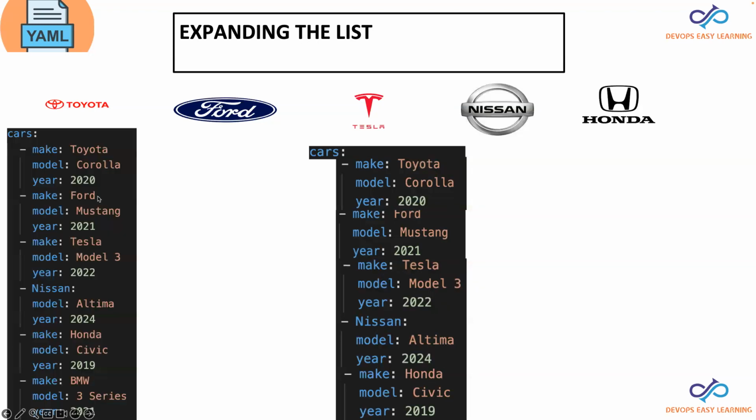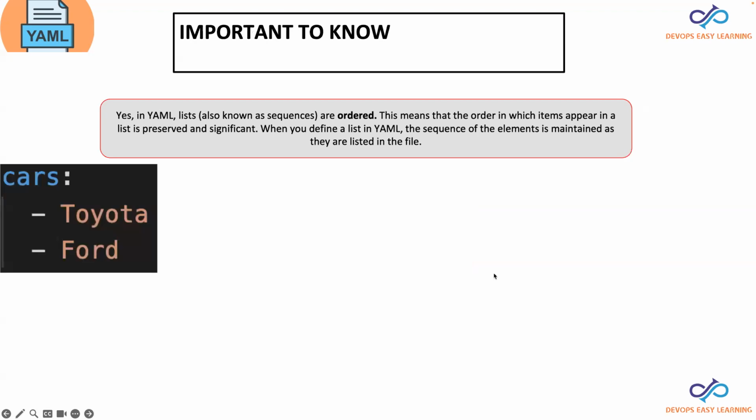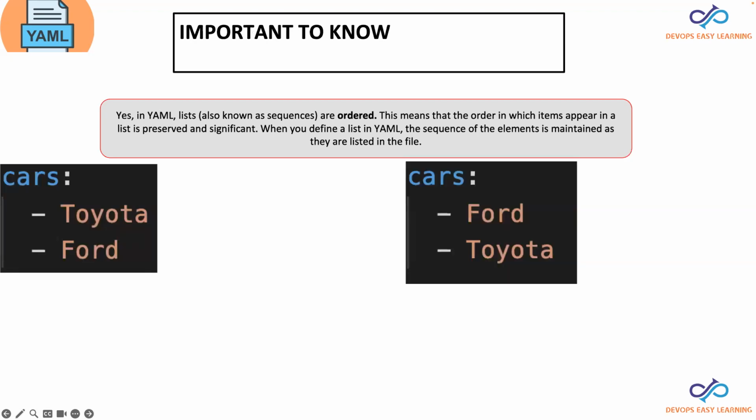Then at the end of the day, we're going to have this, which is the same thing. Now, a couple of important things that we need to know about the list is that the list is actually ordered. So the order actually matters in the list. For example, if we are listing cars, we have here Toyota and Ford, then we have here Ford and Toyota.